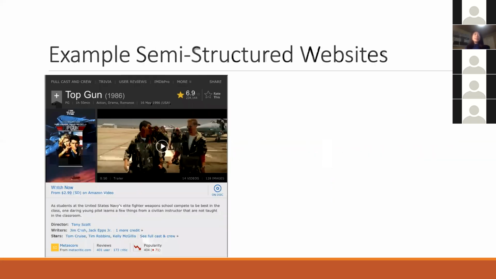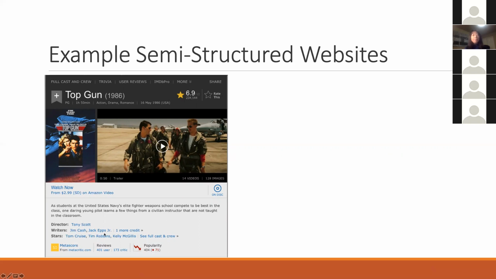Here is IMDb. I guess a lot of you are familiar with it. For a movie, you can see the movie length, the genre, the release date, the release country. You can also see a brief description, the director, writer, and stars.